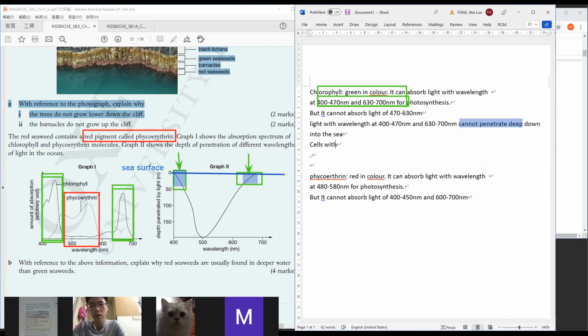Cells with chlorophyll. So these are green seaweeds, green seaweeds with green chlorophyll.